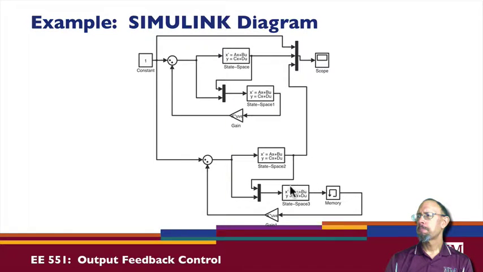Because MATLAB assumes that you might have a D matrix in these, it has a problem with that algebraic loop we talked about. If you use a slight delay, which is a memory, you can avoid that situation.